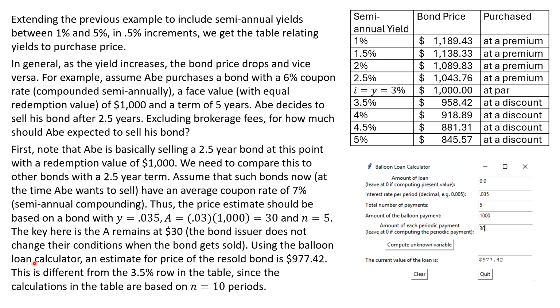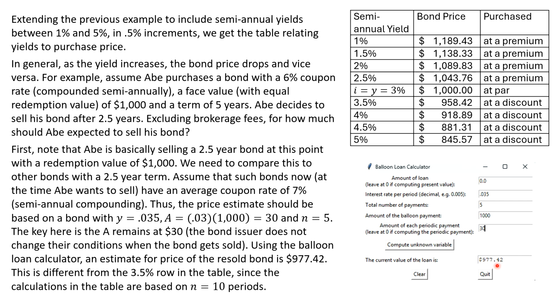Using the balloon loan calculator, and I've shown the output here, we put in 0.035 for the interest rate. The total number of payments is 5. The balloon amount is still $1,000. The payments are $30. You leave this blank, because you want to compute this, or leave it at 0.